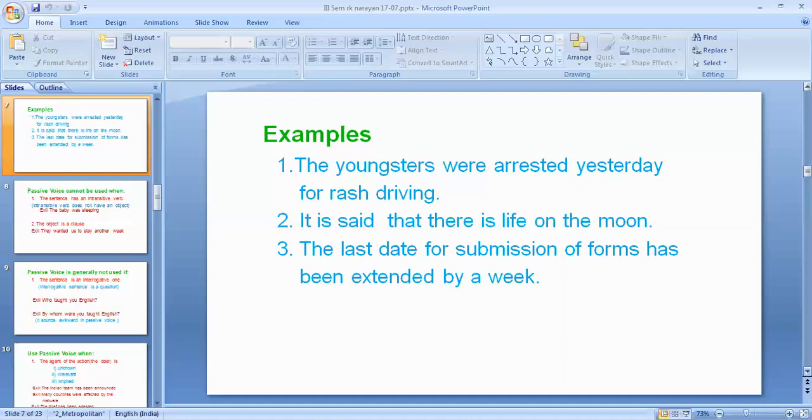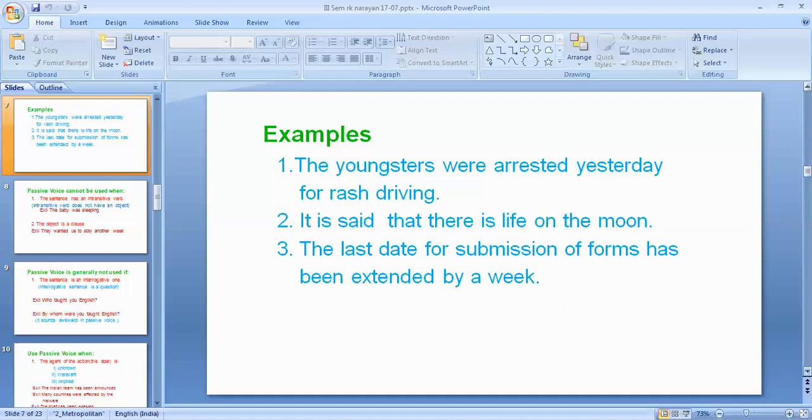Obviously the authority extends it, and there is no need to mention it separately. So in these conditions, we use passive voice. What is extended is more important than who has extended.